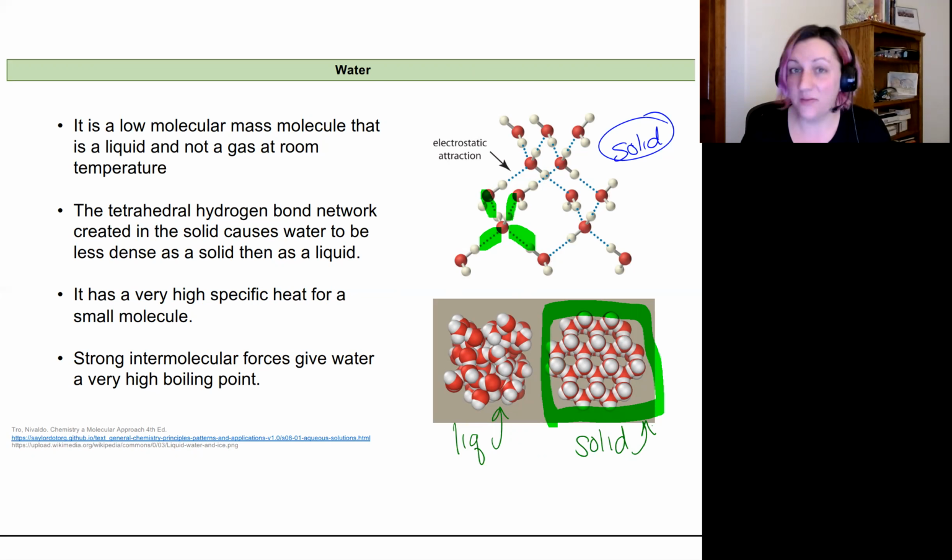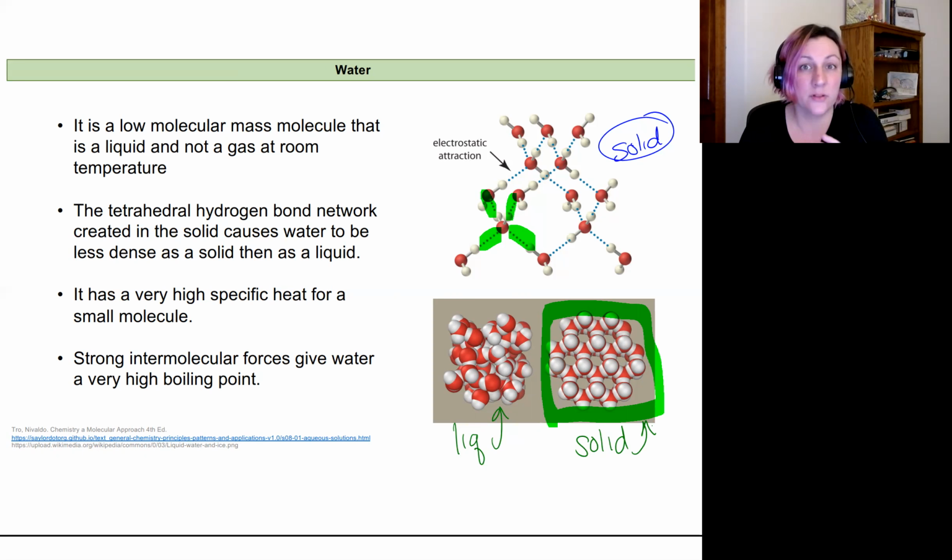Then, because of these strong intermolecular forces, it creates this tetrahedral hydrogen bonding network that forces that solid to actually take up more space than a liquid, and it's less dense, giving us this weird phase diagram compared to all other compounds. It also has an extremely high specific heat for such a small molecule, which means it takes a lot of energy to increase the temperature of water by a degree. Again, this is because it has such strong hydrogen bonding that works within its liquid and solid phases.